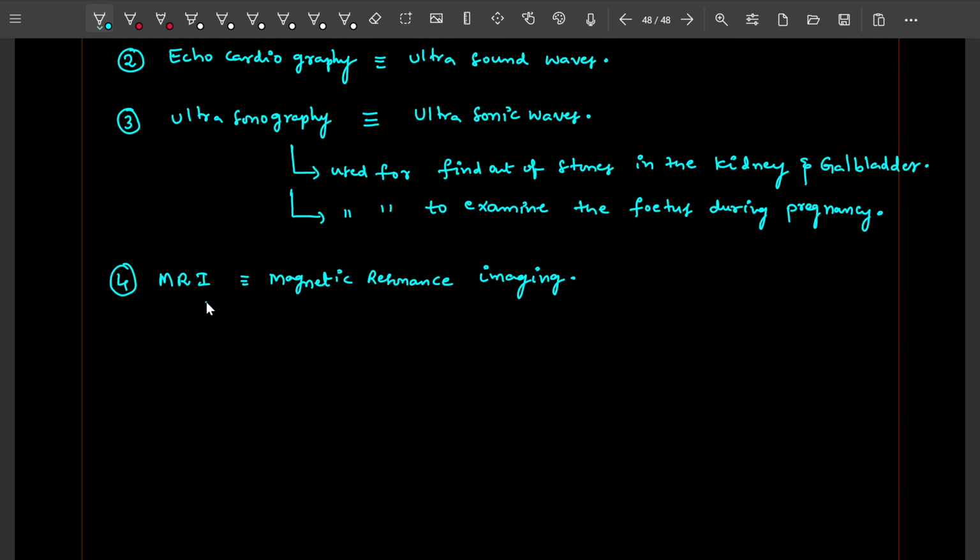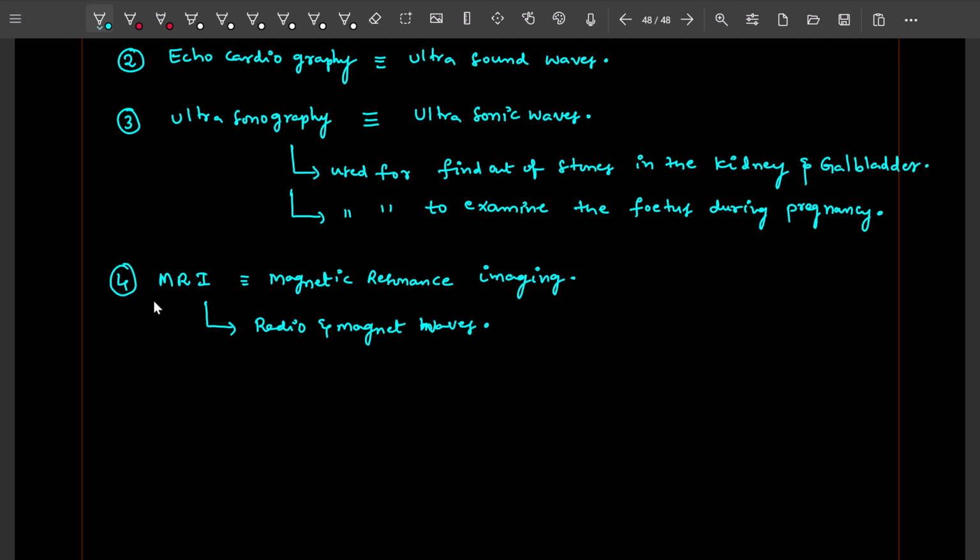What waves does it use? It uses radio waves and magnet waves.